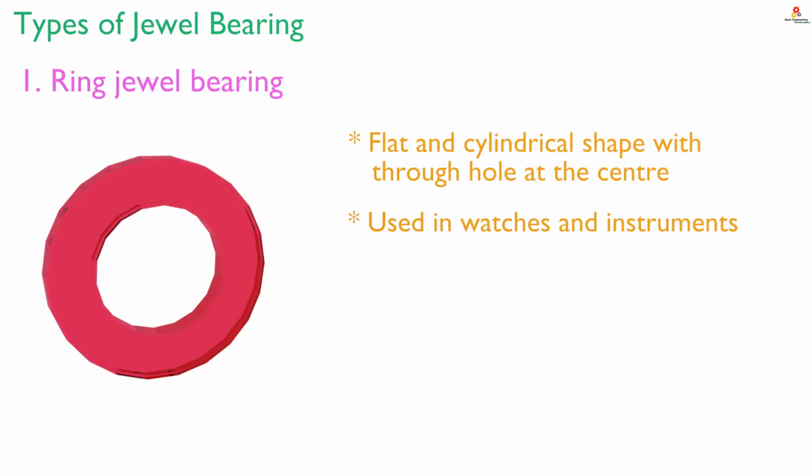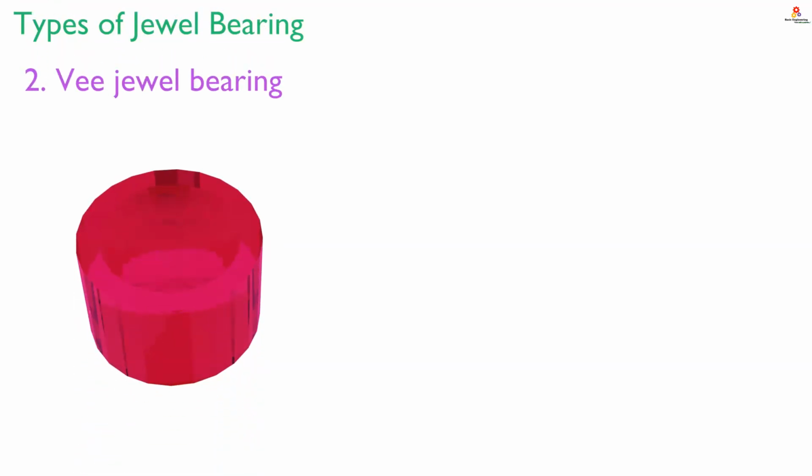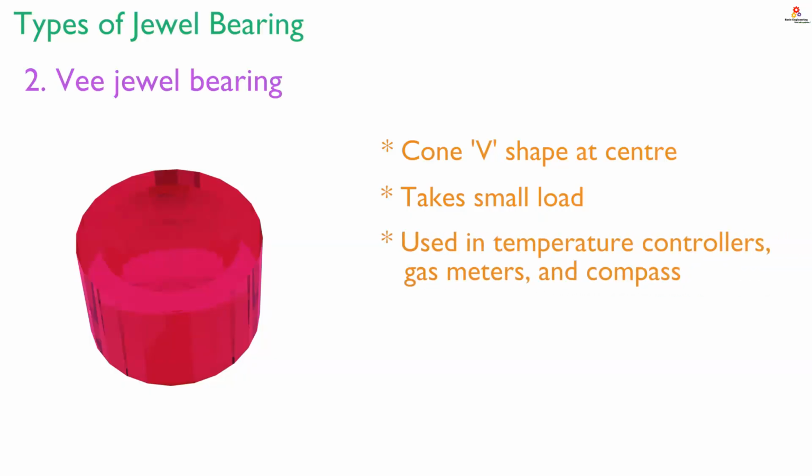The second type under jewel bearing is V jewel bearing. This has a concave or cone V shape at the center. This bearing type takes small loads, hence it is useful in temperature controllers, gas meters and compasses.